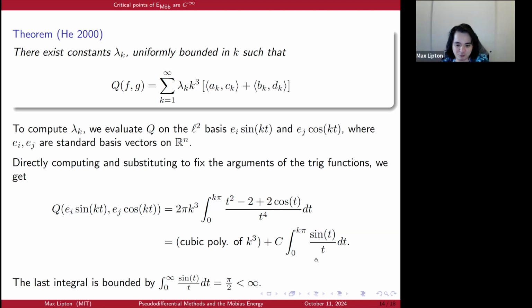And so what we're left with is that the coefficients of the Fourier series representation of Q are cubic in the integer indices representing the Fourier coefficients. Factoring out the cubic, we just get some constants lambda_k that are uniformly bounded in k.